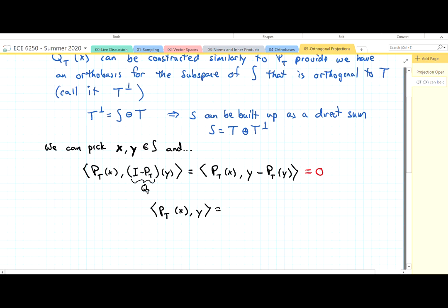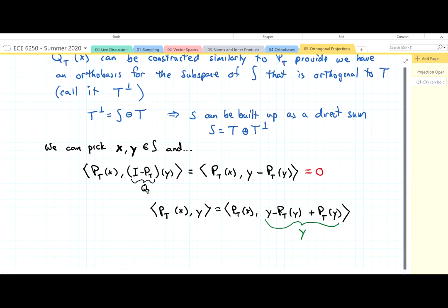Well, this would actually be Pt of x with, and here we would have y minus Pt of y plus Pt of y. So all of that is just another way we've added and subtracted the same quantity. So it's just y still.